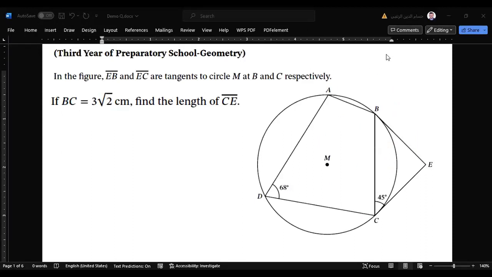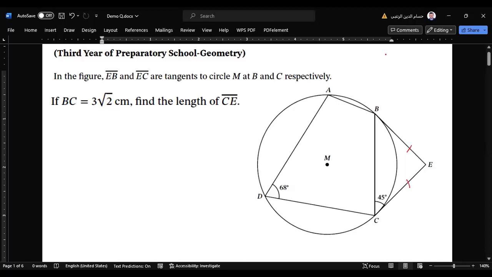And now we'll start to solve some questions. Here, the first one, he said that EB and EC are two tangents to the circle M at B and C respectively. So two tangents from a point outside the circle are equal in length.